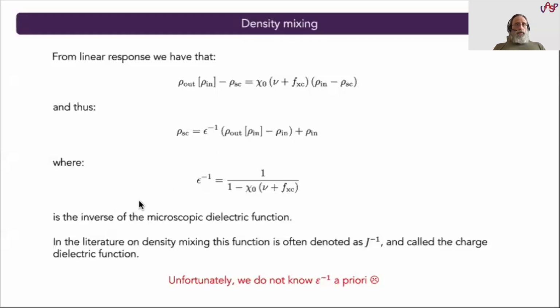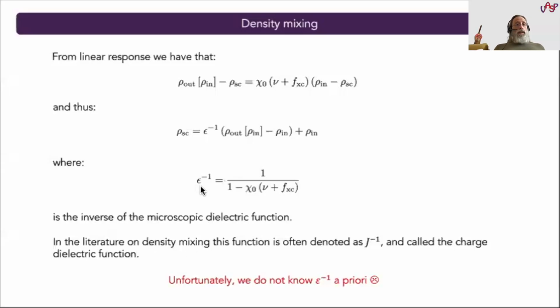And epsilon to the -1 is the so-called inverse of the microscopic dielectric function, and it's given by this expression. In literature, you'll find this denoted as j to the -1 for whatever reason, and there it's often called the charge dielectric function. So in the old literature on density mixing, that is.